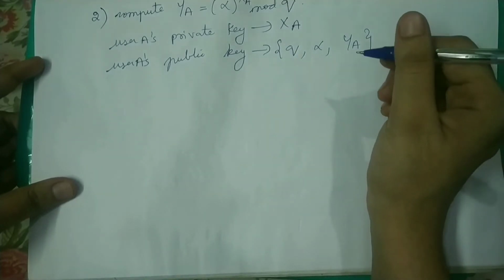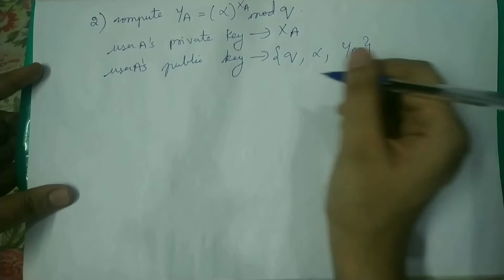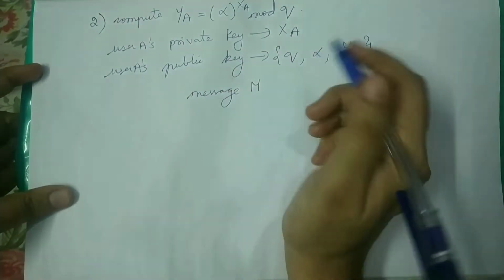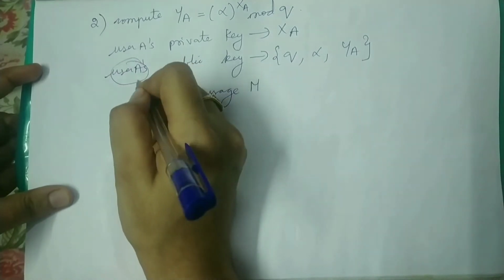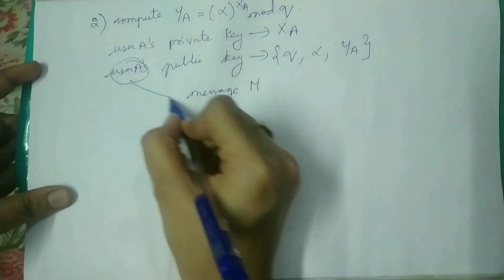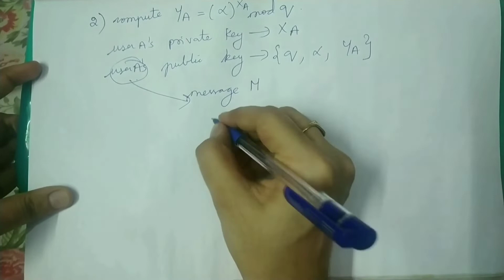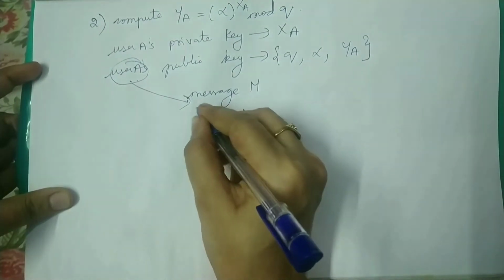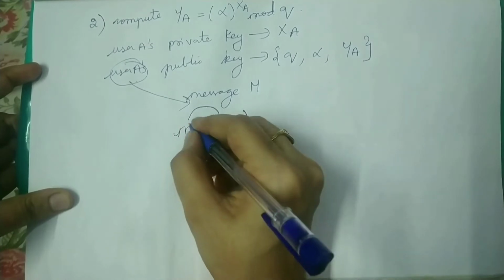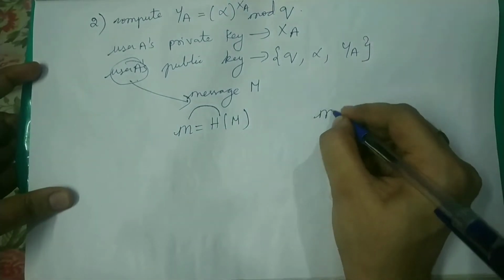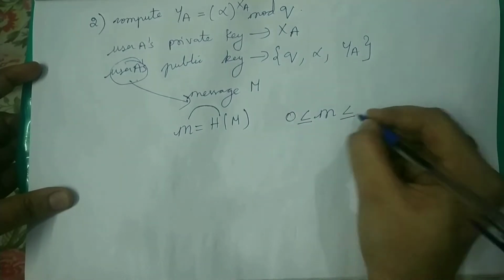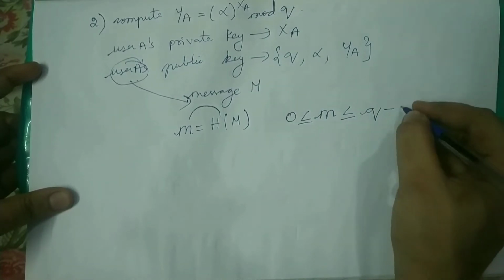In order to sign a message M, this user A will perform hash to this message M. So hash of M, and I'm going to store this hash of M in this small m. And this small m must be greater than or equal to 0 and it should be lesser than or equal to Q minus 1.